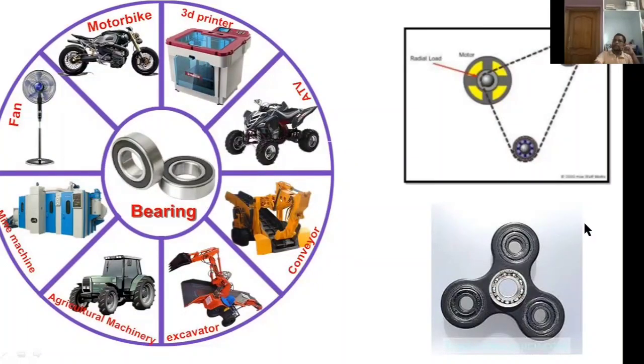And this is a pulley and chain drive mechanism. Bearings are also useful for a spinner. This is a toy used for spinning. Here this is a bearing. A ball bearing is used for spinners.